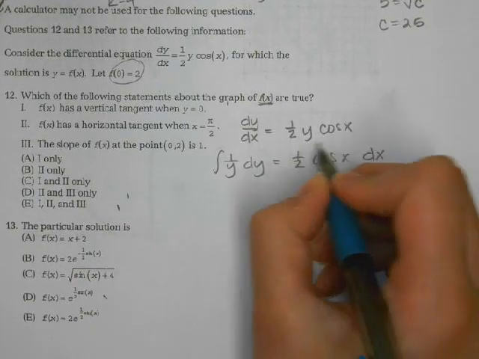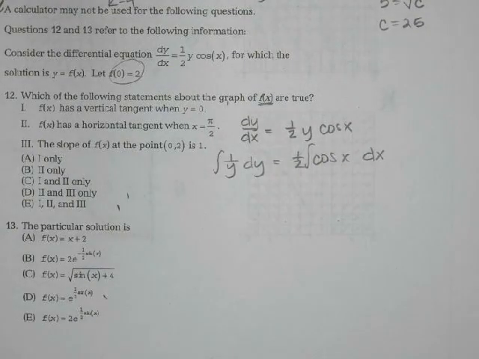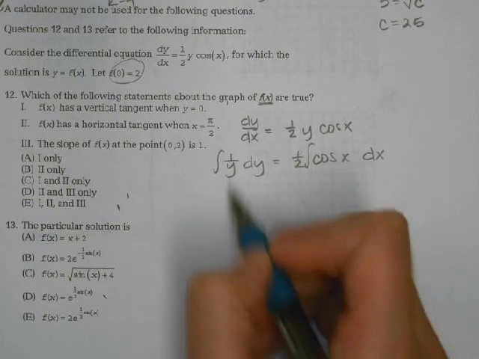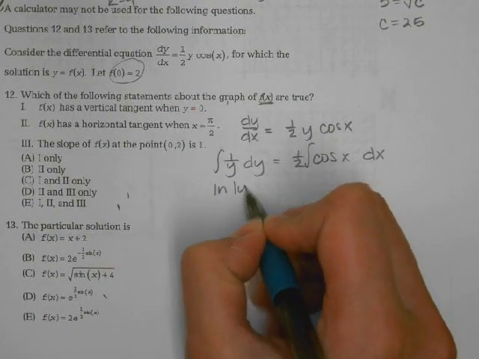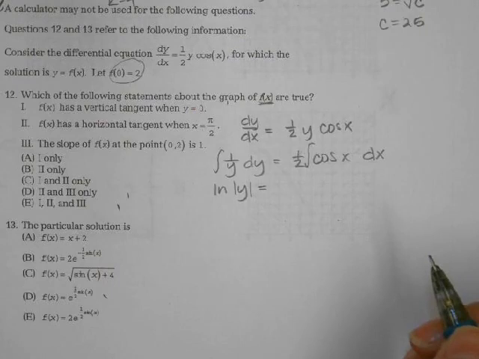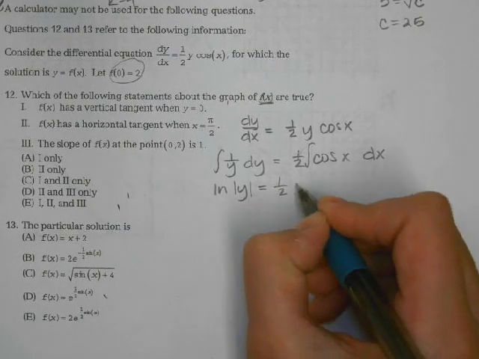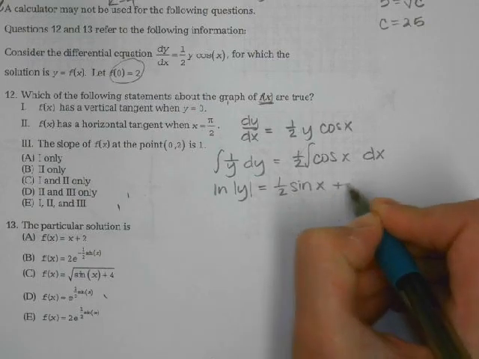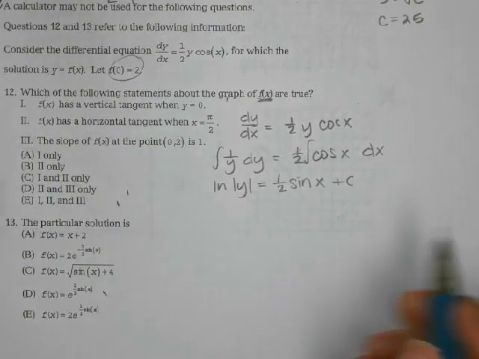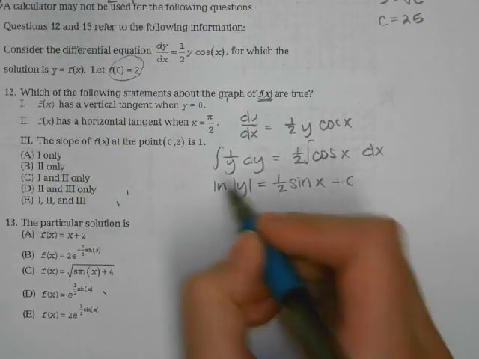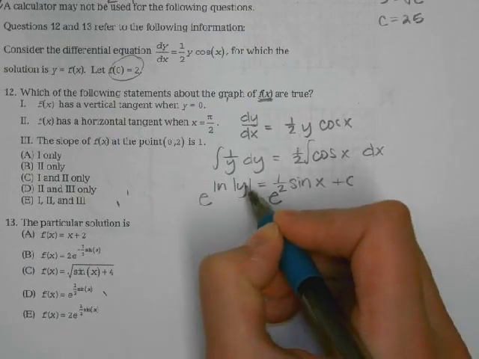And I'm going to go ahead and just leave 1/2 in front of the integral. So this would be ln y equals the integral of cosine, so 1/2 sine x plus c, and then I had to get my y alone, so I did e on each side.